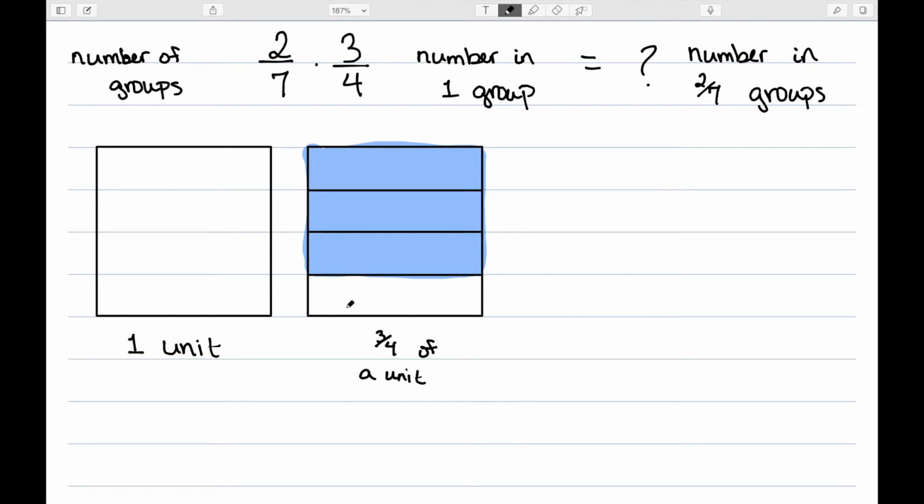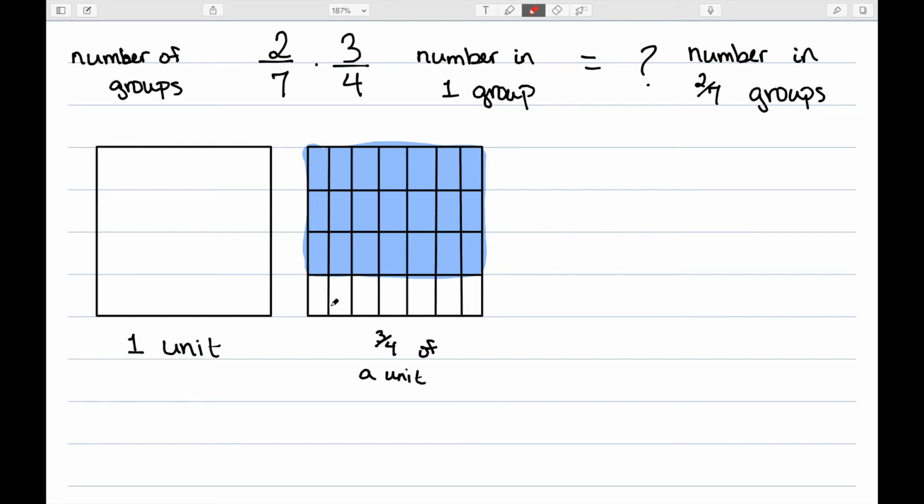To find 2/7 of this 3/4, let's first break this up into pieces of size 7. Once we've broken it up into 7ths, we want 2 pieces of that. So we want this piece here and this one here. So to say 2/7 of 3/4, we really want these pieces that are double shaded.